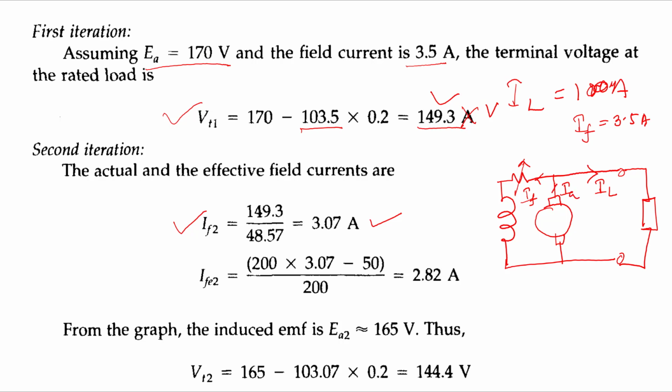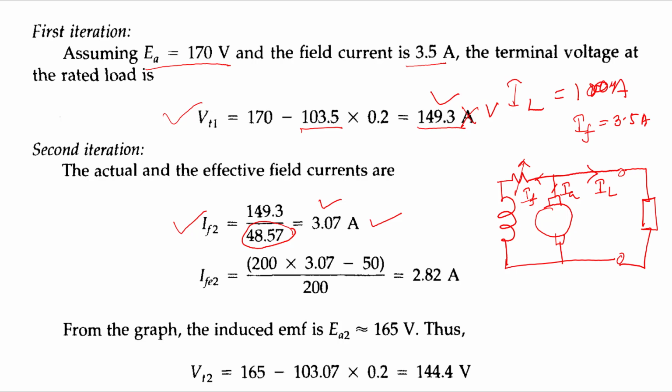Now the terminal voltage we found in the first iteration is 149.3, and the whole resistance across the field is 48.57. So if you divide, you will get 3.07 ampere, right? Now how will I find the effective field current?